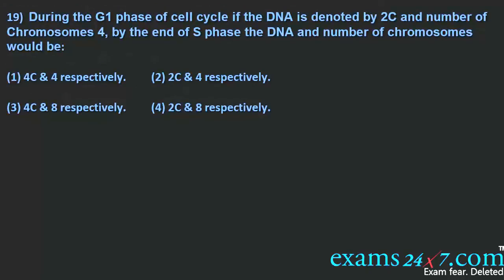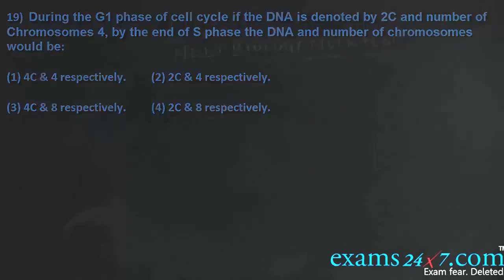Now we move on to question number 19. During the G1 phase of the cell cycle, if the DNA is denoted by 2C and number of chromosomes 4, by the end of S phase, the DNA and number of chromosomes would be.